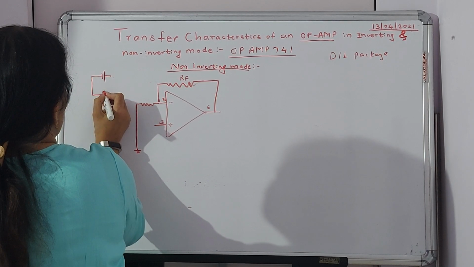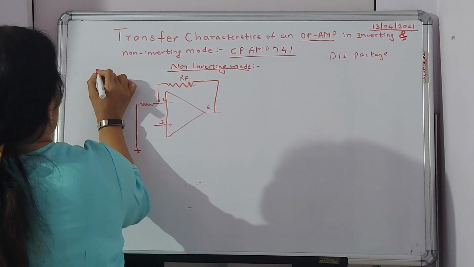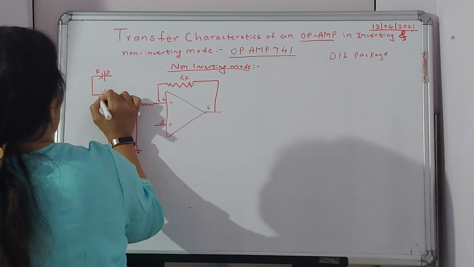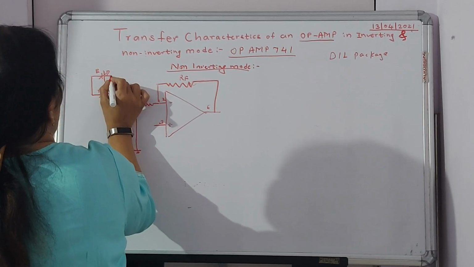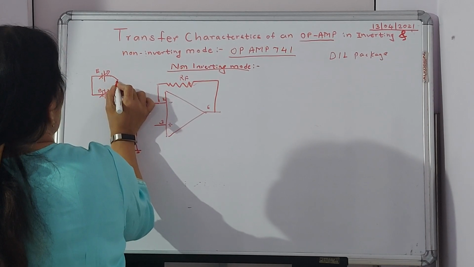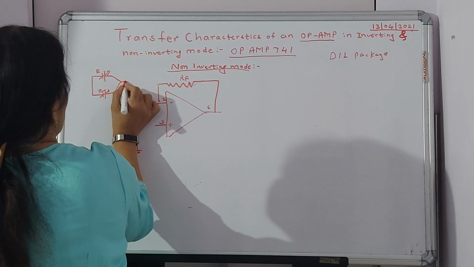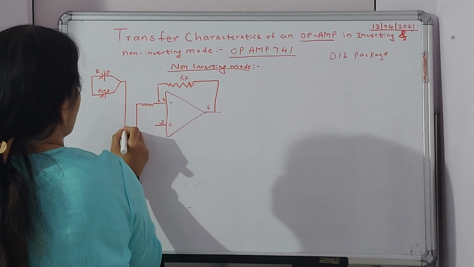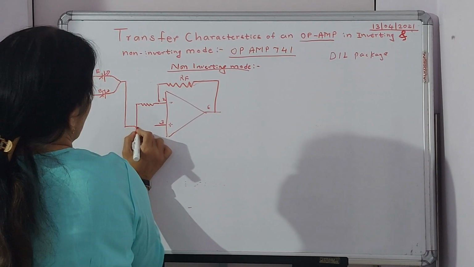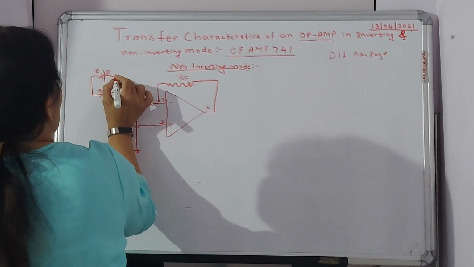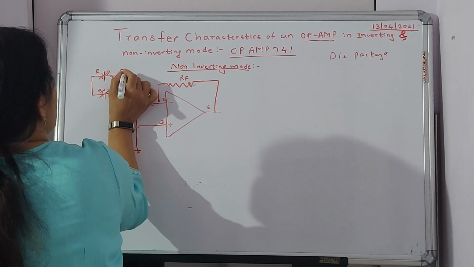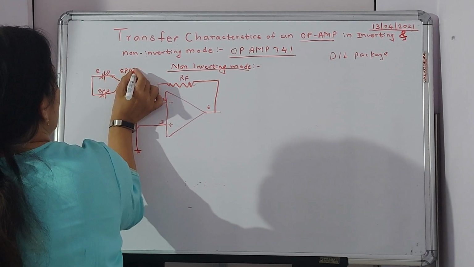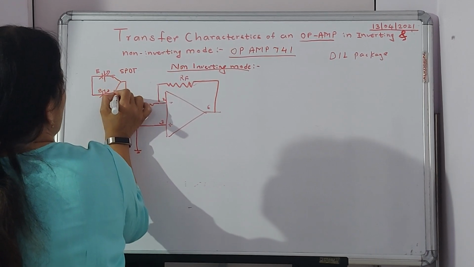This is the other part. So this is my E. This is also E. And here I have what is called a switch. This part will go over here. Fine. So this is called an SPDT switch.